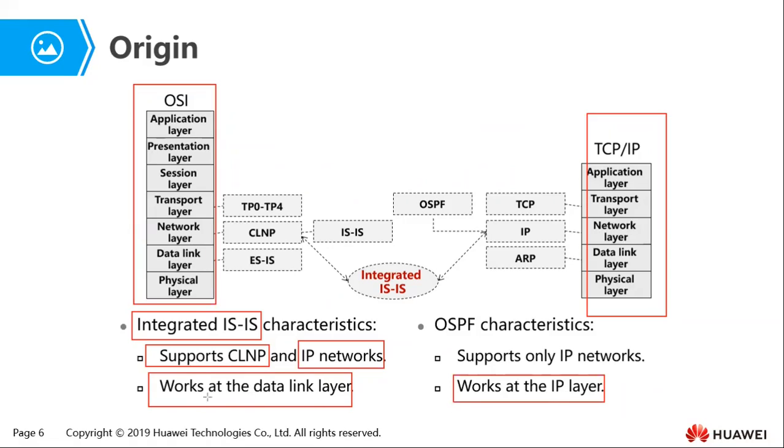So IS-IS really operates at the data link layer using the MAC address rather than IP addresses. OSPF, on the other hand, only supports IP networks, and they cannot support CLNP, connectionless network protocol.